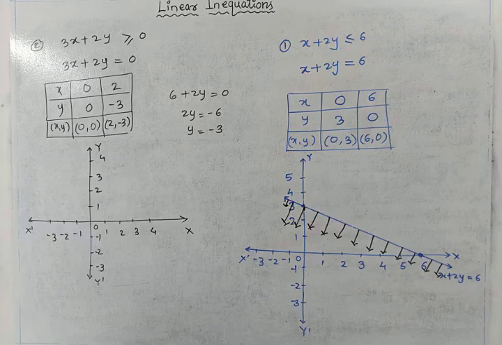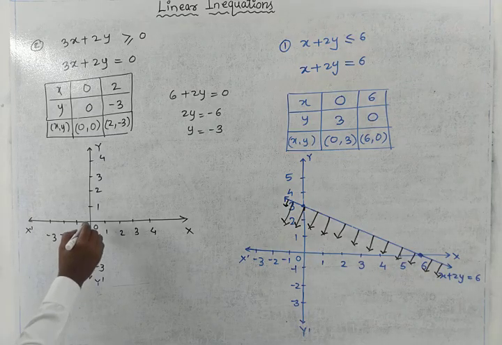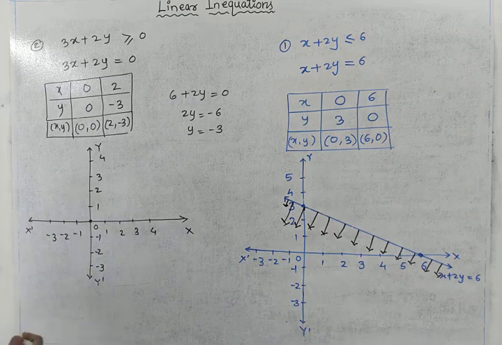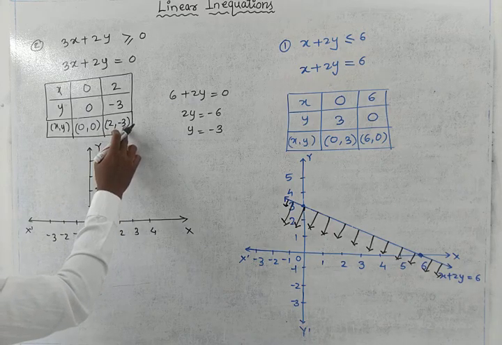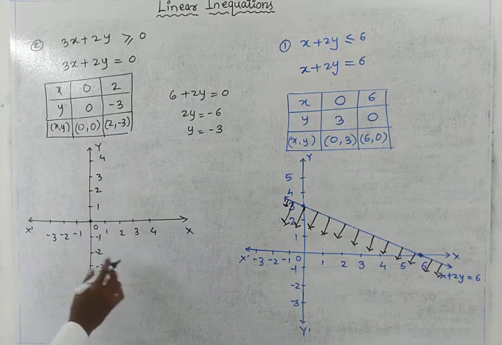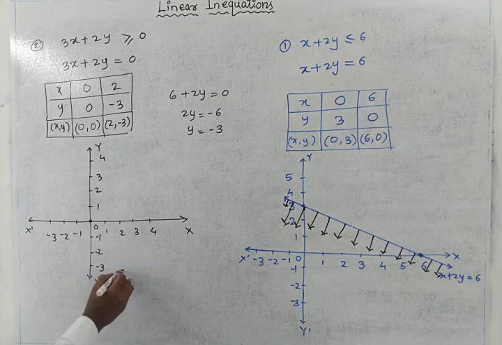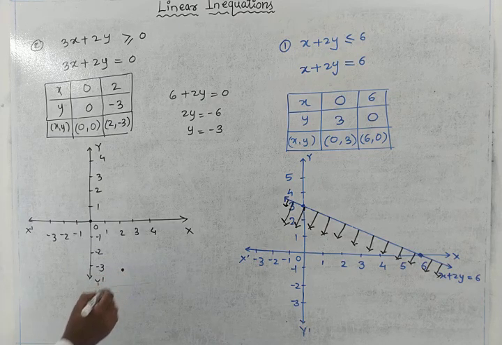Let's begin drawing the points one by one. The first point is 0, 0, that is the origin. Our second point is x is 2, y is minus 3. This is the point.